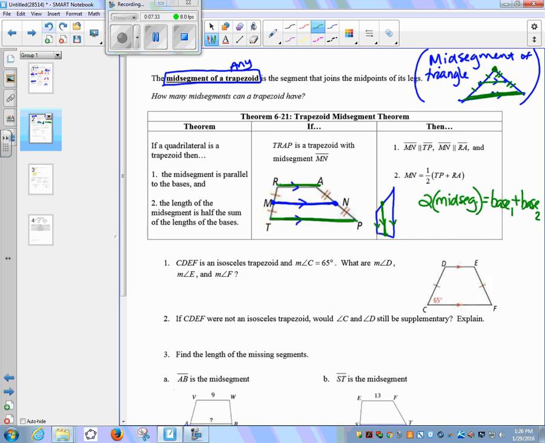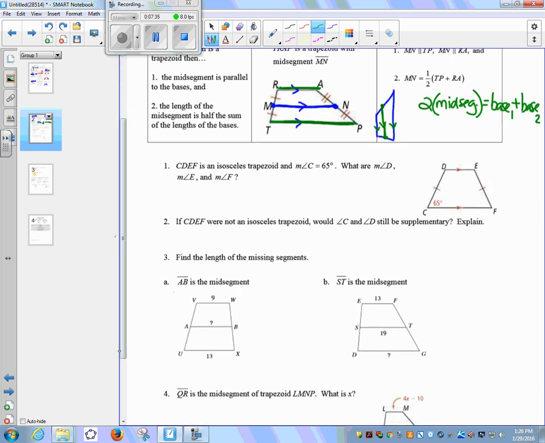So if we look at some of these problems that apply these theorems, number 1 says CDEF is an isosceles trapezoid. You can see that these are marked congruent. And the measure of angle C is 65. What's the measure of angle D? Well, if this is a trapezoid, that means the top and the bottom, in other words the two bases, are parallel.